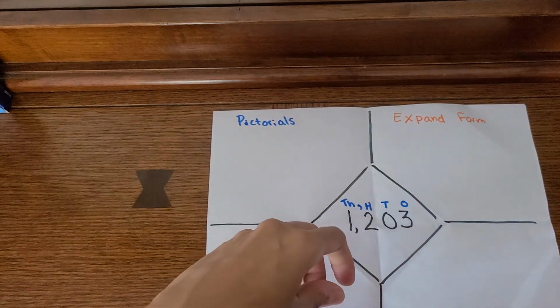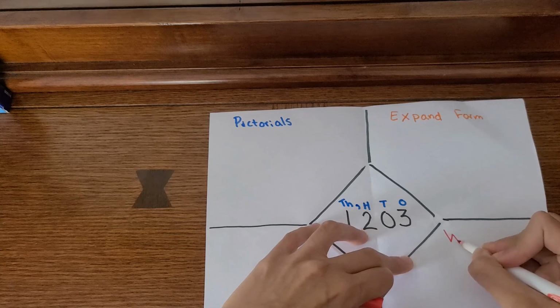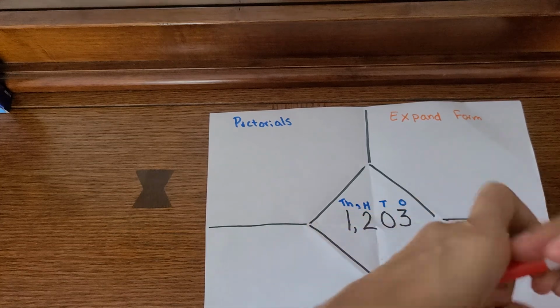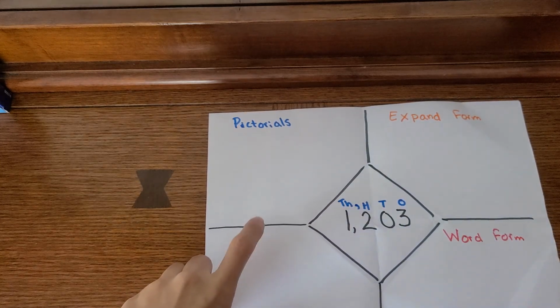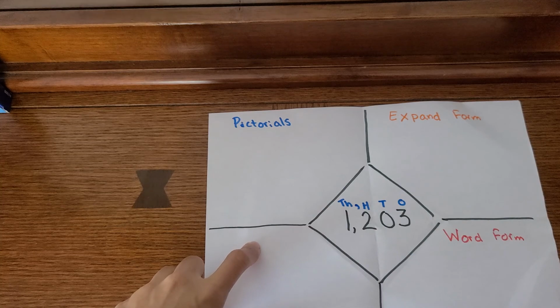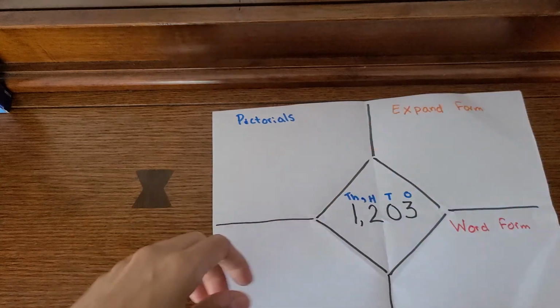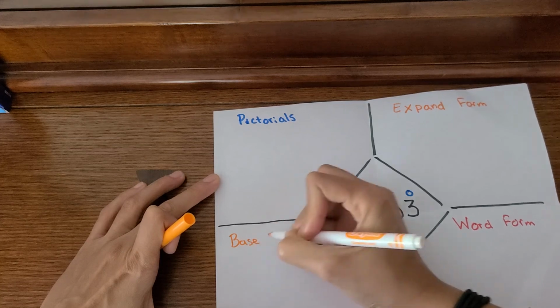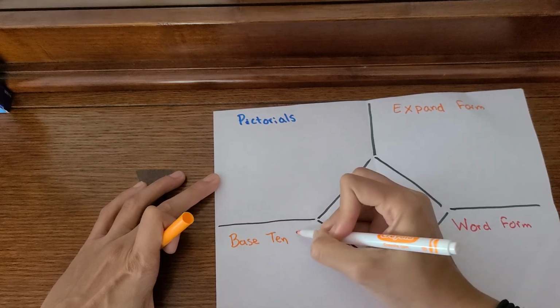So I'm gonna put word form. And then this one, I want the blocks, number of blocks. So base 10 blocks, the quantity you have. So I'm gonna put another color, base 10 blocks.